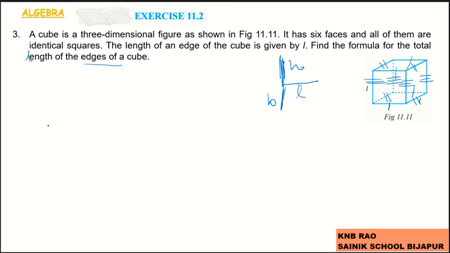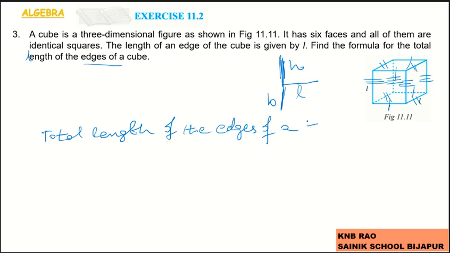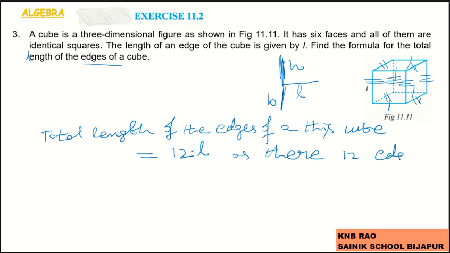So the perimeter, or you can say total length of the edges of this cube, is 12 times L, because there are 12 edges, which you have to remember.